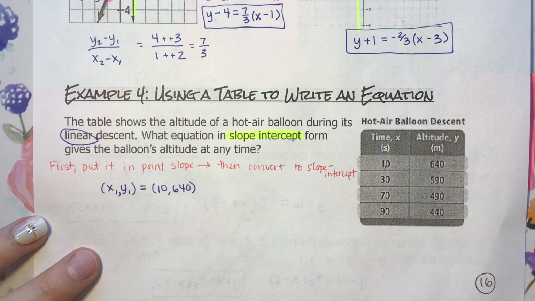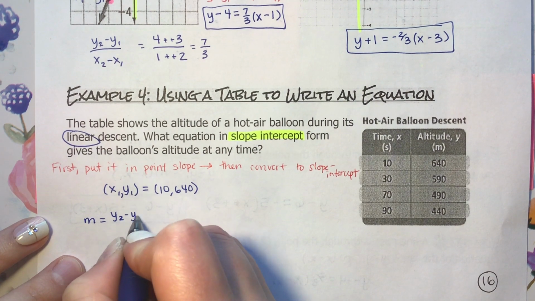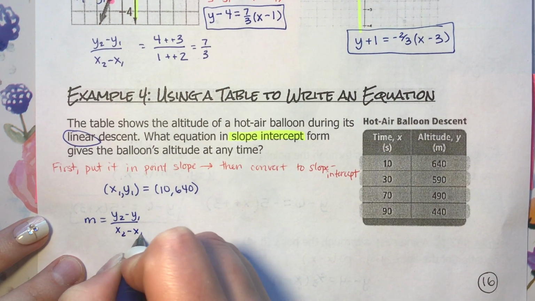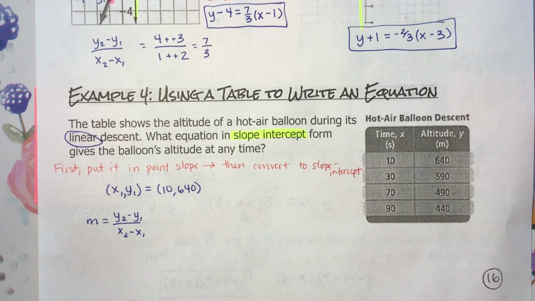Next, I need to calculate my slope. M is going to be y sub 2 minus y sub 1 over x sub 2 minus x sub 1. So what we need to do in this is to label or choose 2 points that we want. It does not matter which 2 you choose. I'm just going to choose the top 2 because they're easy.